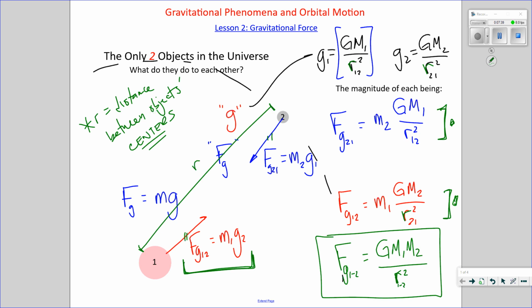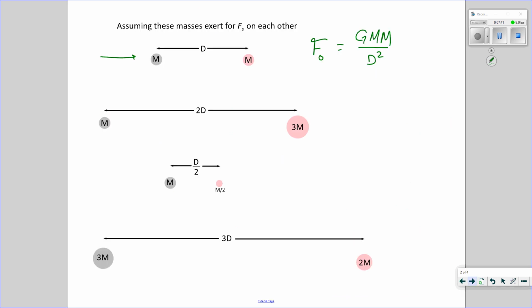There's this r. Now, in this case, the magnitude of that r happens to be called capital D. So there's a definition of F naught. Since these are identical masses, m times m is m squared.